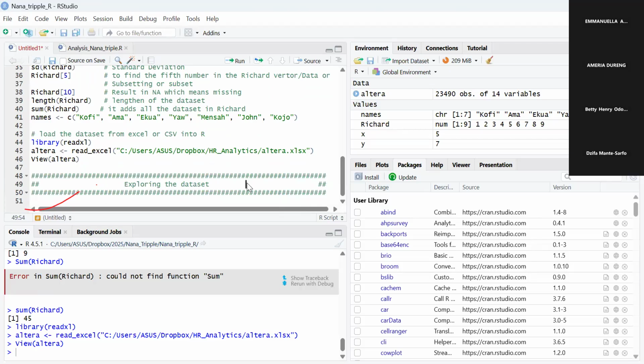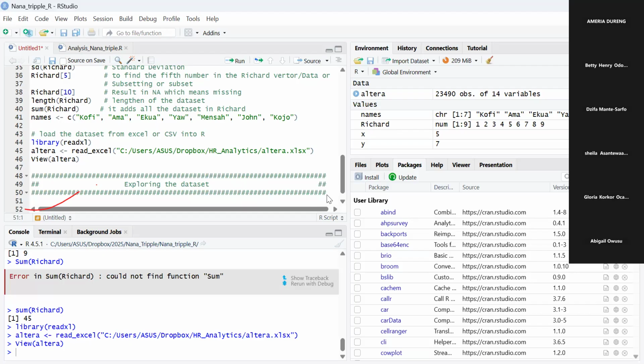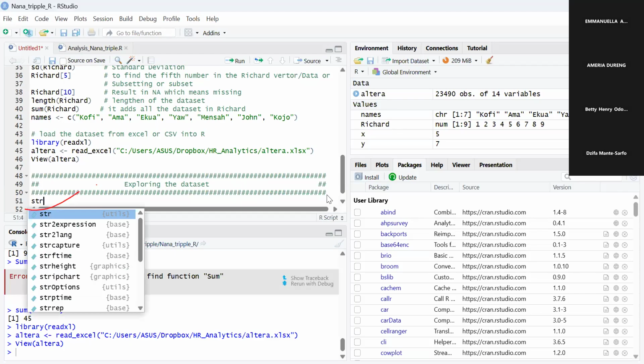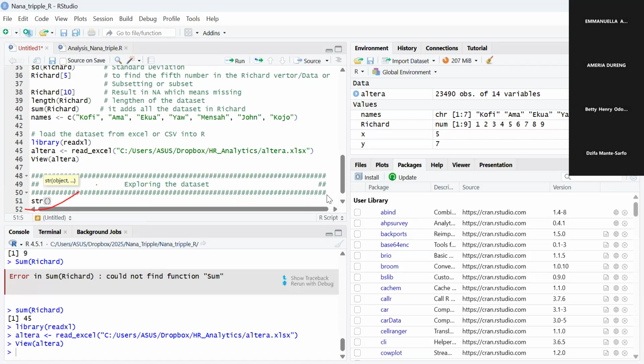You have 349,000 workers, and you want to see. First, you don't know what the data is, right? So I want us to type this str, and I'll show you. Then the data is called Altera. You see the name here, where my mouse is. Just type it there.